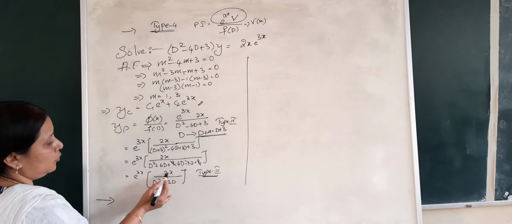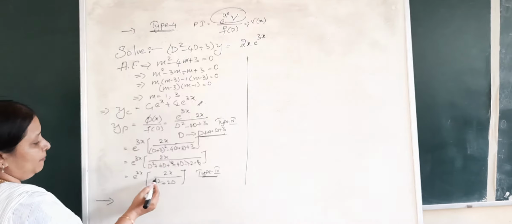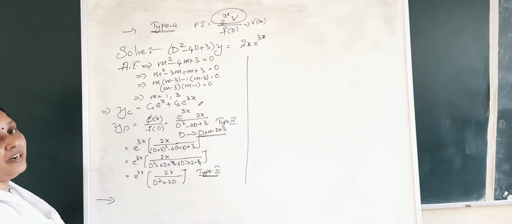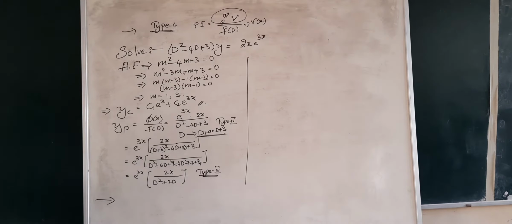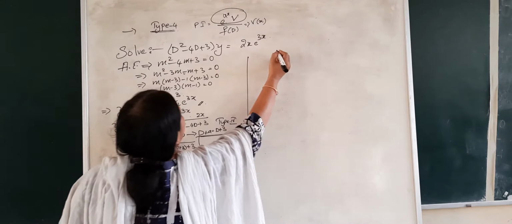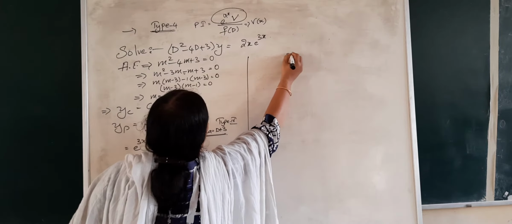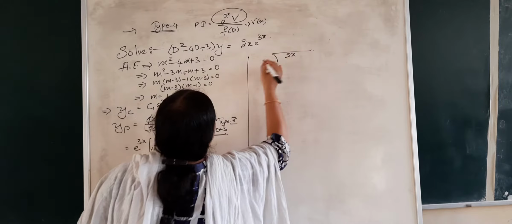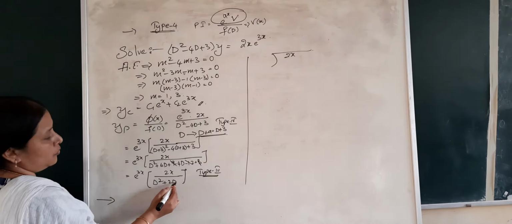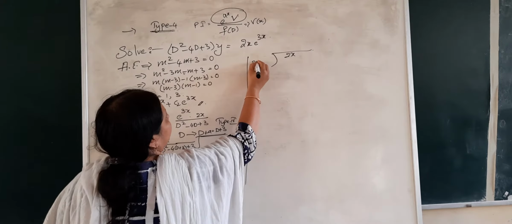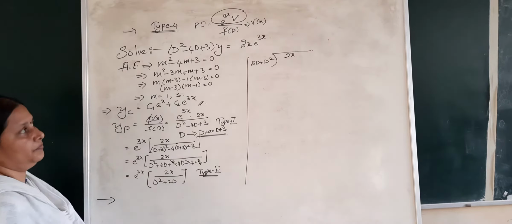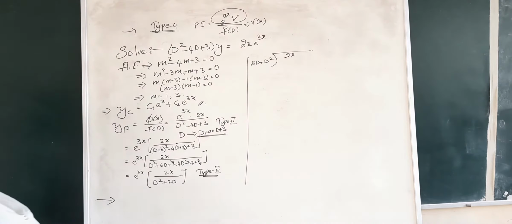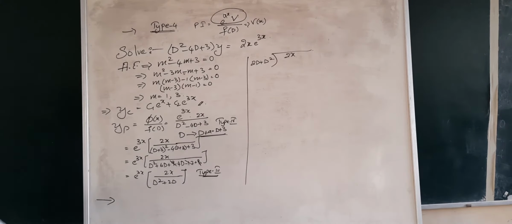We have to divide 2x by D square plus 2D, but arrange the denominator in such a way that the powers of D are in increasing order. So we get 2x has to be divided by, instead of D square plus 2D, I will write 2D first plus D square. There is no constant term here, observe. Okay, you can have a problem in such a pattern as well.